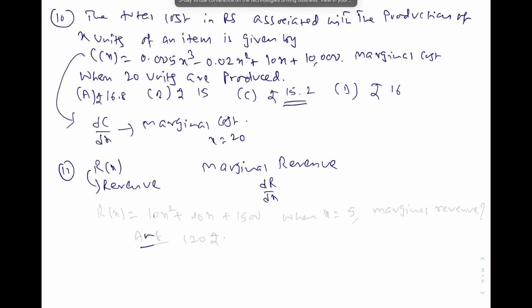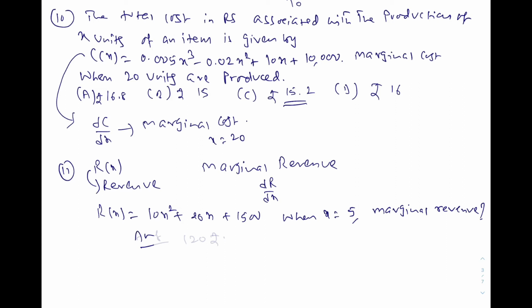So suppose you are given an example here that R(x) is given as 10x square plus 20x plus 1500, and then when x equals 5, marginal revenue is blank. So just try and find. You will get the answer as 120 rupees. Okay. Thank you.